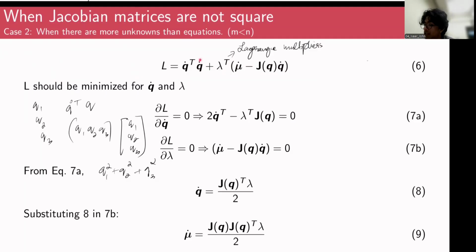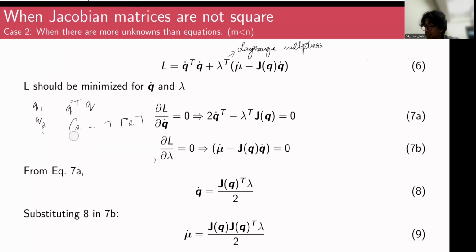These weights are also essentially unknown. So you have to minimize this objective function with respect to q dot and this vector lambda. We do so by taking the partial derivative of this objective function with respect to q dot and lambda.